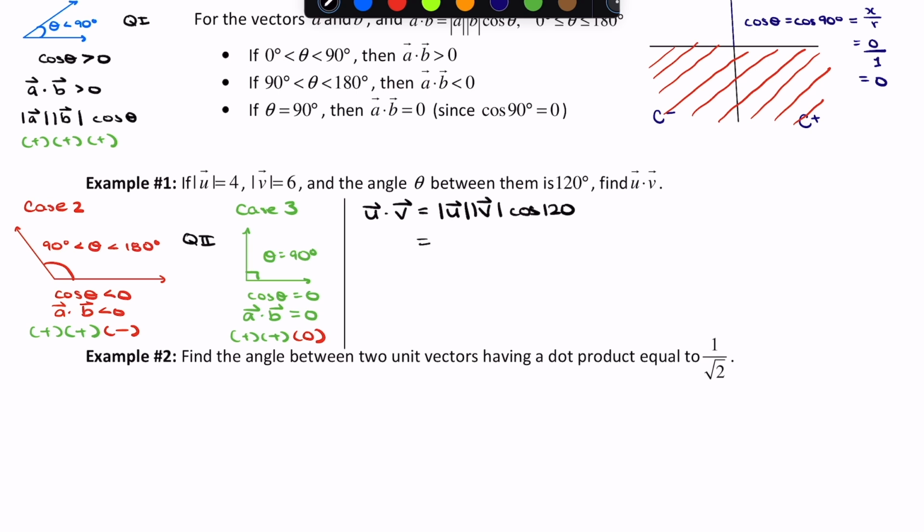Here we know that the magnitude of u is 4, v is 6. And if we look at cos 120, that brings us to quadrant number 2. In quadrant number 2, cos 120 will give us negative 1 over 2.